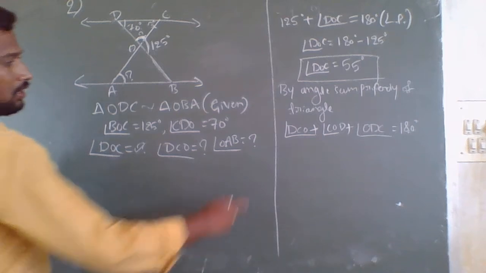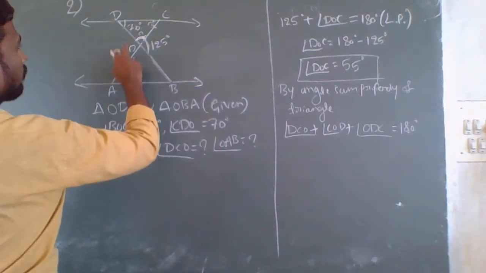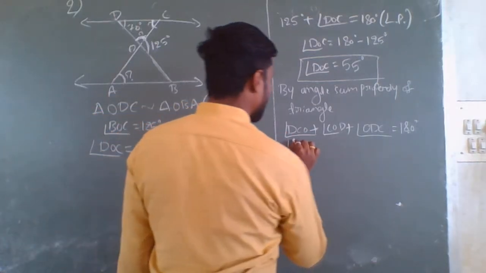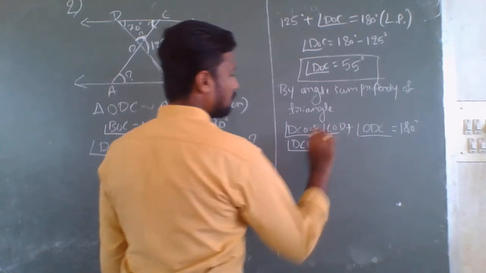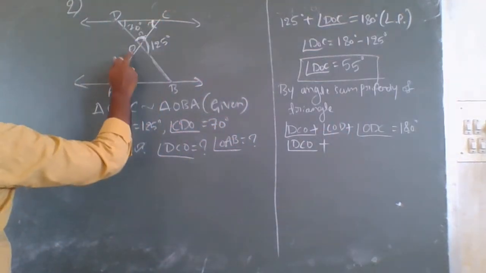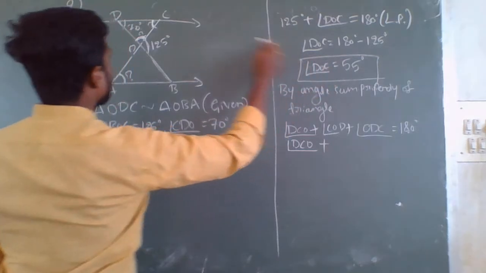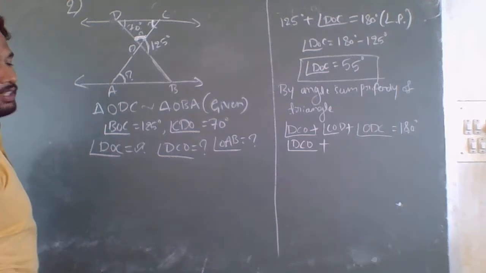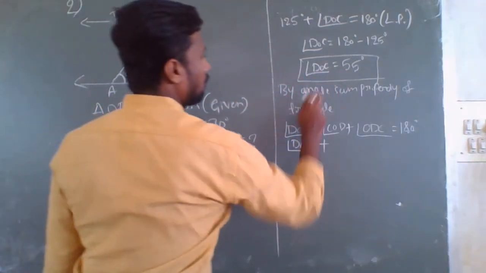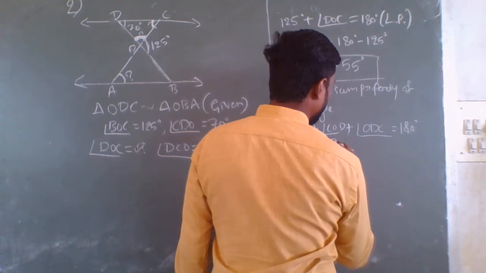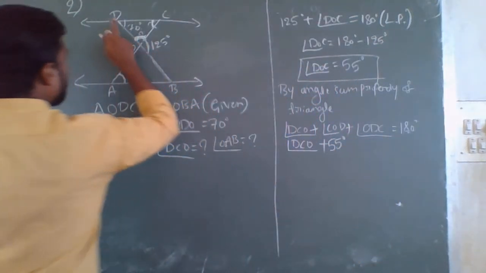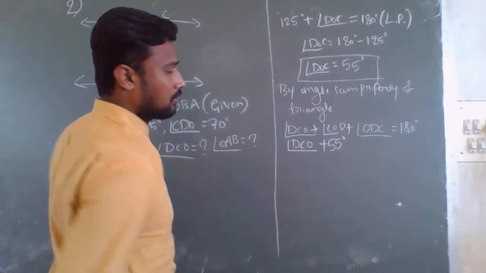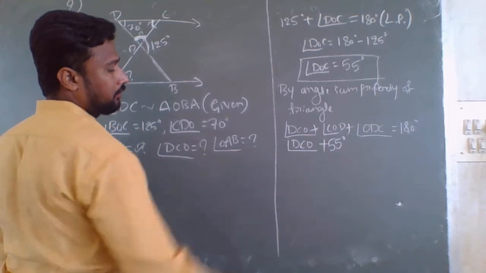Now we have to calculate this angle DCO only. So I will write angle DCO plus angle COD. Angle COD, or DOC, means this angle only, which is 55 degree. Therefore, in place of angle COD, we can write 55 degree.